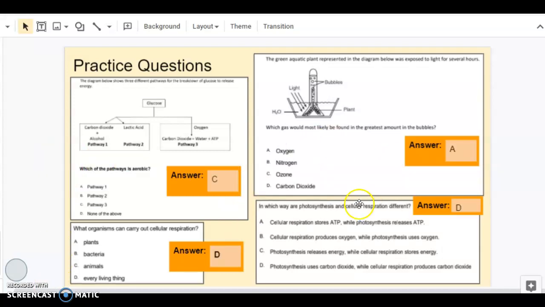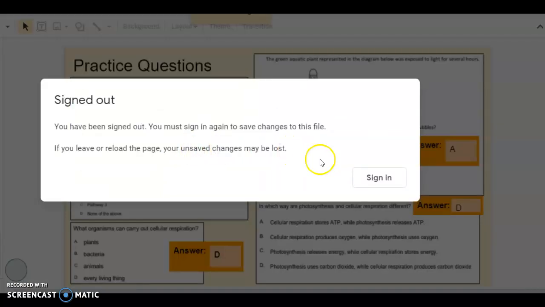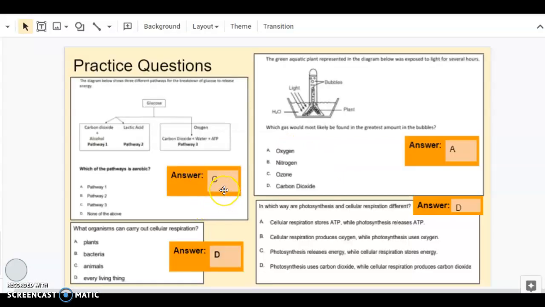Here are the answers to the practice questions. Which pathway is aerobic? It's the one that uses oxygen, which is pathway 3. Aerobic uses oxygen. Anaerobic does not. So pathway 3 is the best answer. Which organisms can carry out cellular respiration? Well, cellular respiration is how they get ATP needed to survive.